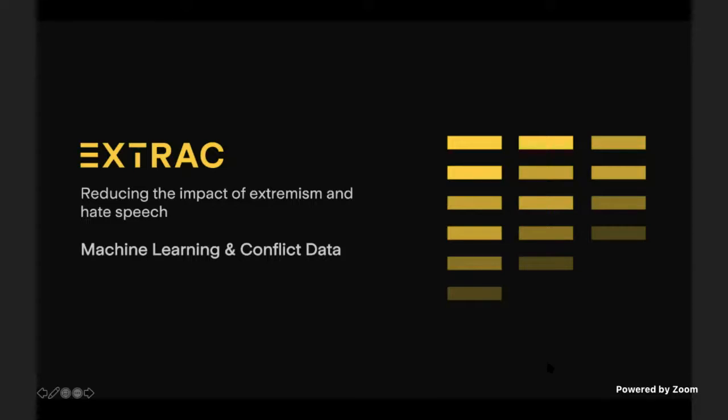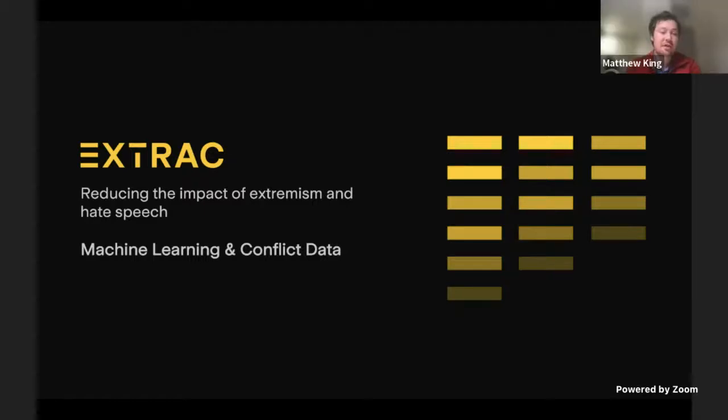I'm Matt from Extract, and I think our main objective can be described as to reduce the impact of extremism and hate speech. Particularly today, I just wanted to go through some of the challenges, some of the reasons that we're using machine learning and how that applies particularly to the text data.